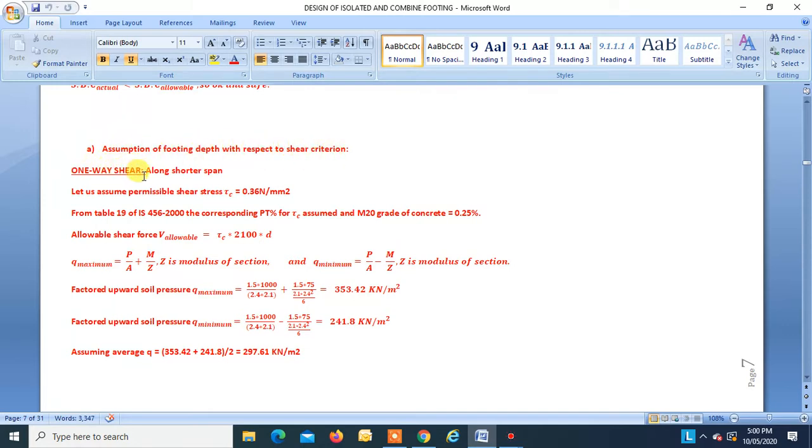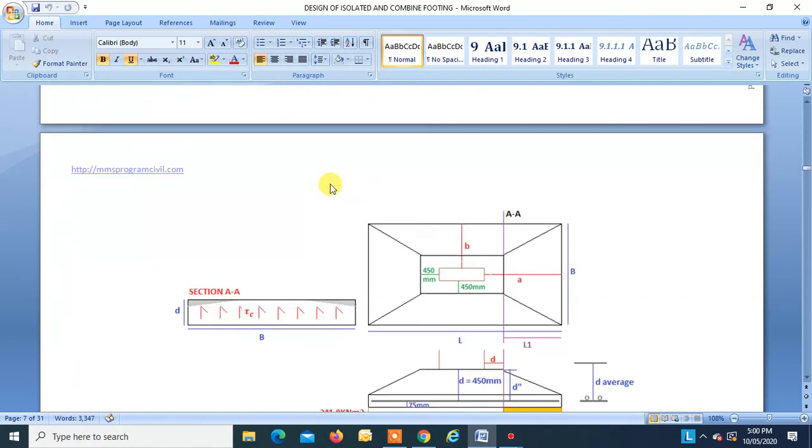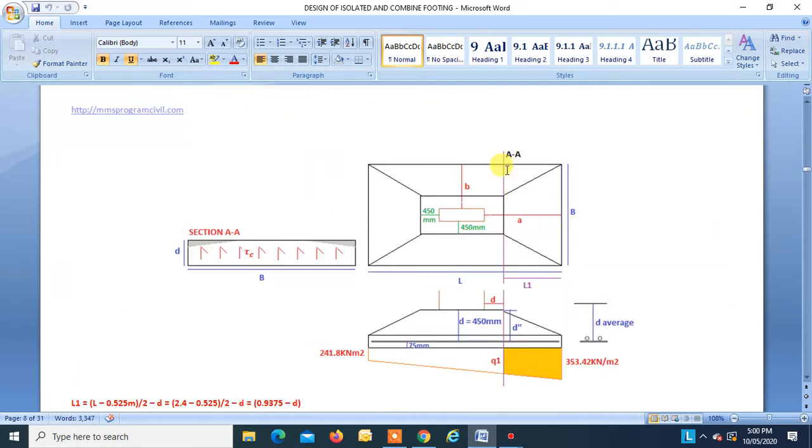One way shear along the shorter span. We are taking this section AA at a distance d from the face of the column. This is the section AA for one way shear, and we want to find d double dash. We want to assume this d double dash.